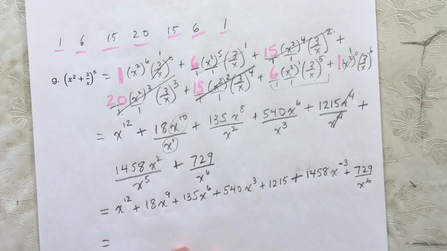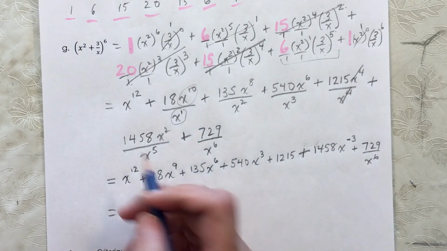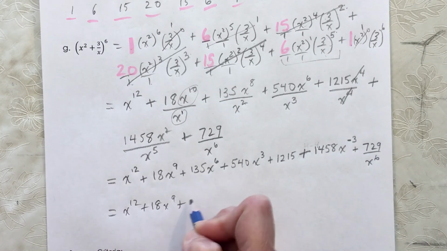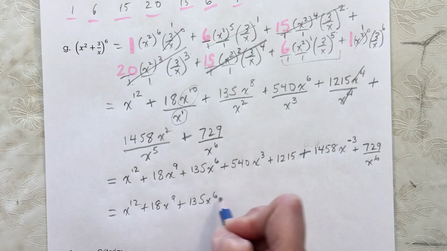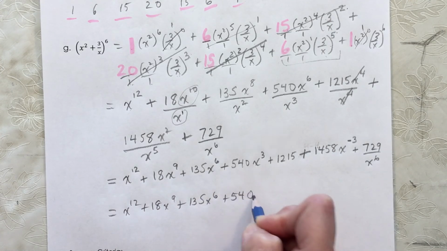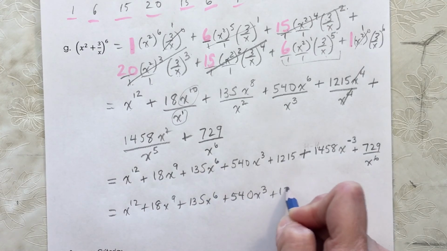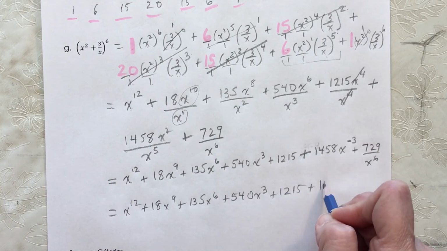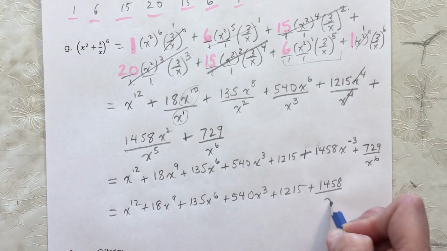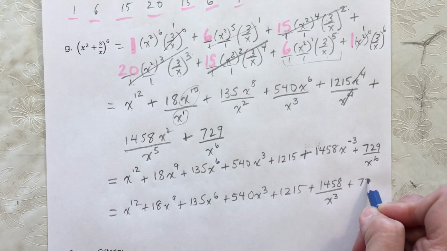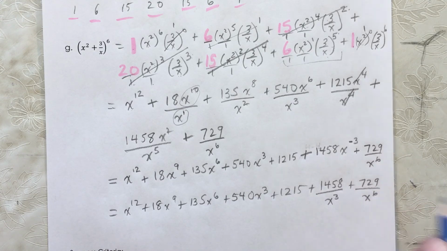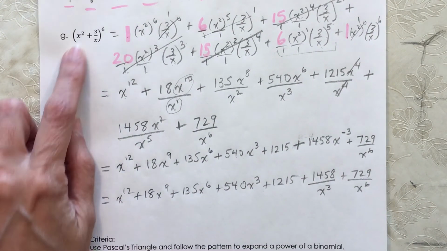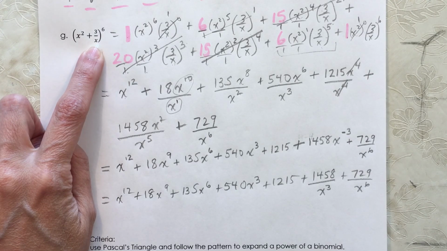And then for our last line, we don't want to have a negative exponent in our answer, so the only thing that has a negative exponent is that one term. So I can write 1458 x to the negative 3 as 1458 over x to the 3rd. And even though the exponent doesn't go down by 1, it goes down in a predictable way, and that's because we have an x squared here and an x in the denominator here.